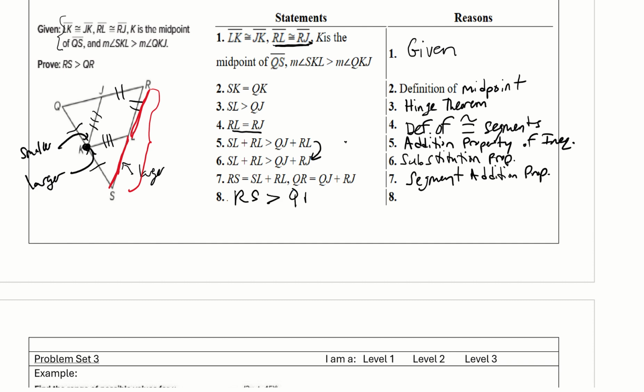We always end with the prove statement. And why is that true? Let me get rid of this red stuff here. We get step 8 from step 6. We know this here is equal to RS, so we replace that. And we know this is equal to QR, so we replace that. So that's another substitution.